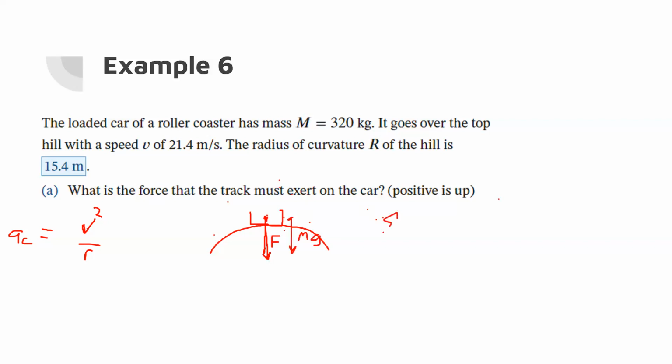But I know now that the sum of the forces in each direction, since it's moving along this curve, has to equal the mass times the centripetal acceleration, which in this case is v squared over r. And it says positive is up, so this should be a negative v squared over r, because the acceleration is pointing downwards in this case.